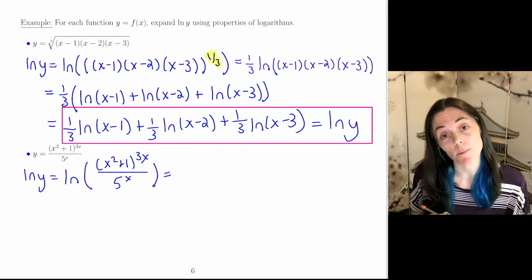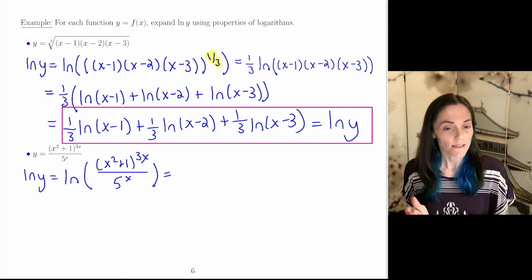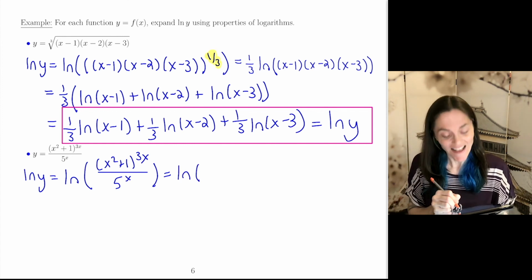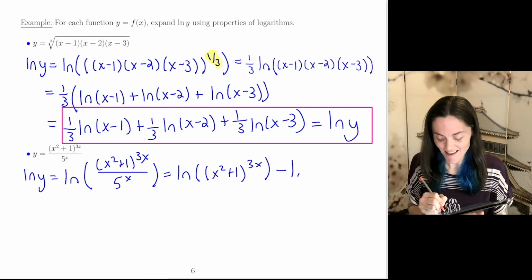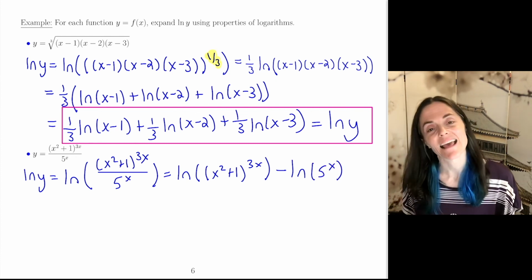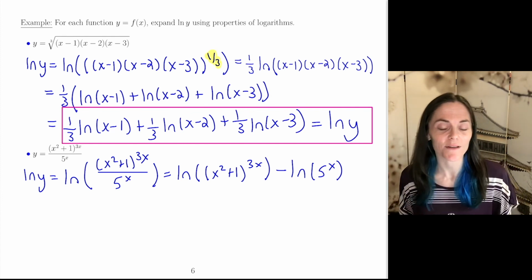The first step, fundamentally inside of the log, I see a quotient. And so let's write it as a difference. We will have ln of x squared plus 1 to the 3x minus ln of 5 to the x. Quotient on the inside becomes the difference of logarithms.